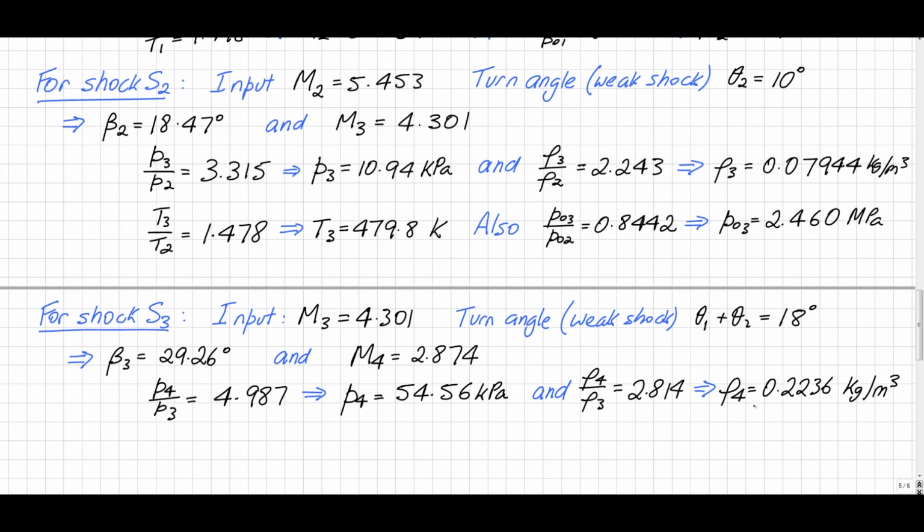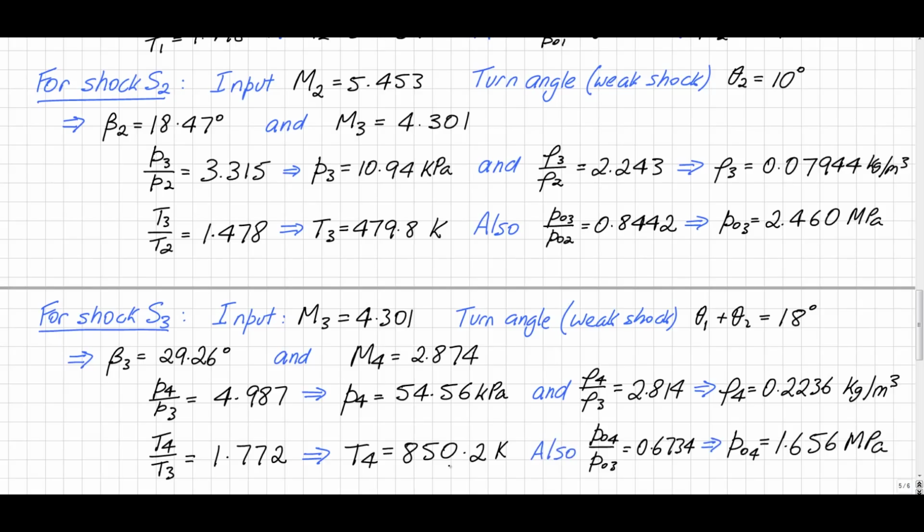The ratio of static densities leads us to rho 4, 0.2236 kilograms per meter cubed. The ratio of static temperatures gives us that T4 is now up to 850.2 Kelvin, so getting nice and hot. And finally, we get the P04 over P03 gives us that P04 is down to 1.656 megapascals.